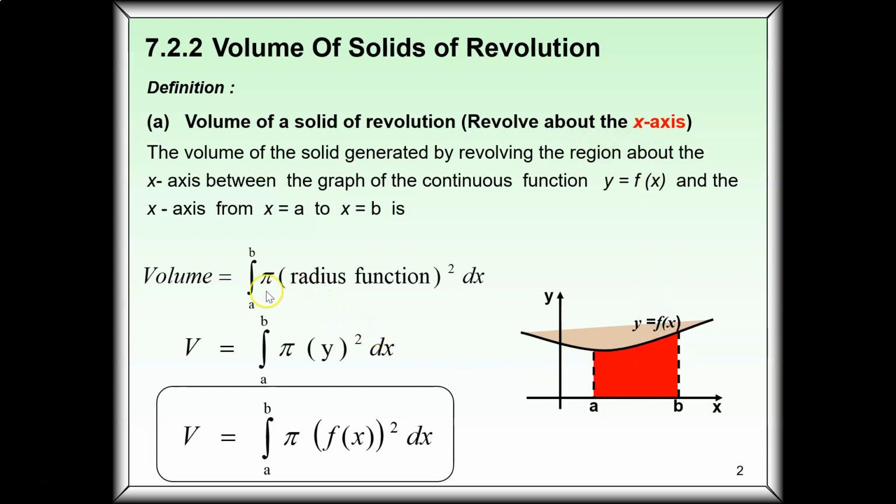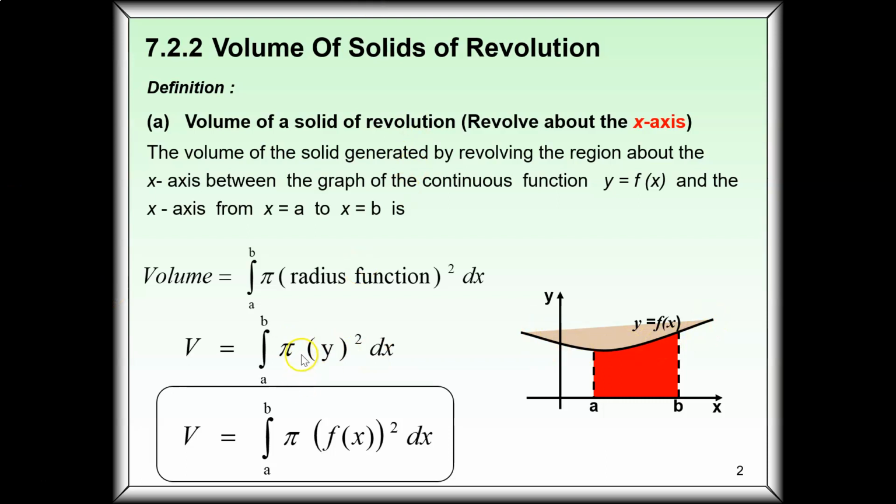First we need to know the formula. When you revolve about the x-axis, of course the formula will end with dx, because it is the x-axis. For volume, you start the integration from a to b, pi times the radius function squared. The radius function over here will be the function in the graph or the curve given in the graph.